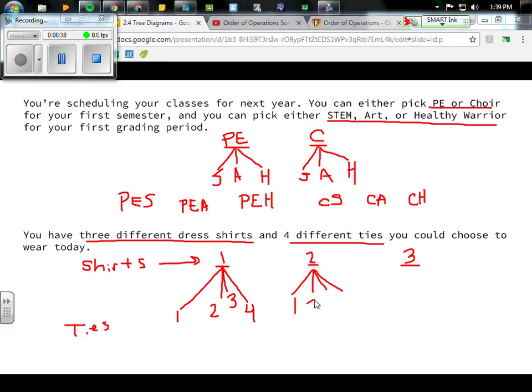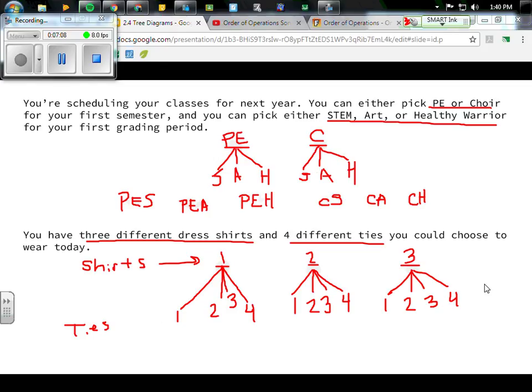I'm not going to write out all the outcomes here, but as you can see, the different combinations. I could have shirt 1 and tie 1, shirt 1 and tie 2, shirt 1 and tie 3, shirt 1 and tie 4, shirt 2 and tie 1, shirt 2 and tie 2, and so on all the way through. And I would have 12 different outcomes.